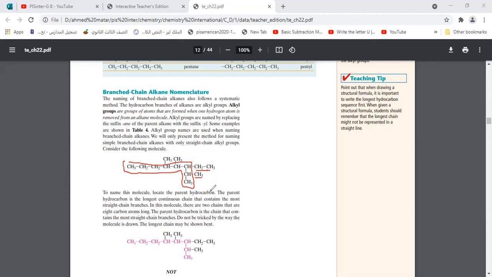Again, here we choose this one. How many are there? They are 8. And also if we choose this one, let's make it in another color, in yellow, this chain is also 8 carbons, yes or no? Yes.